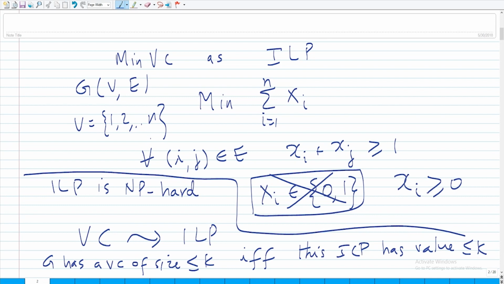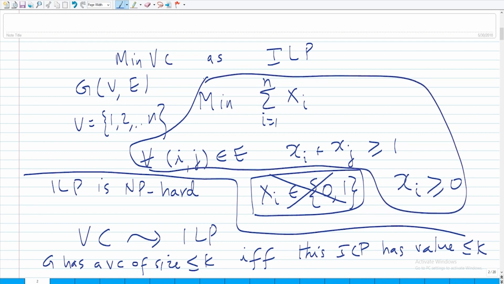Just look at this LP. This is my LP. Do I need the extra constraint that xi's should be less than or equal to 1? Why not? You are trying to minimize the sum.